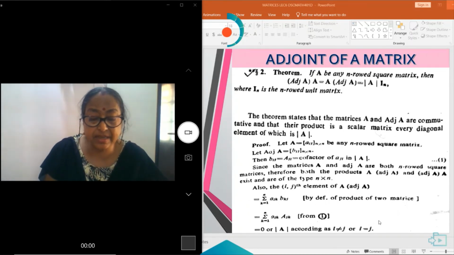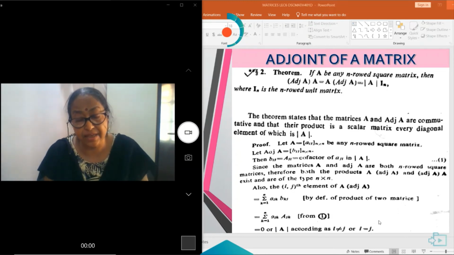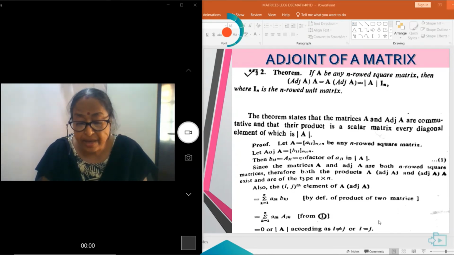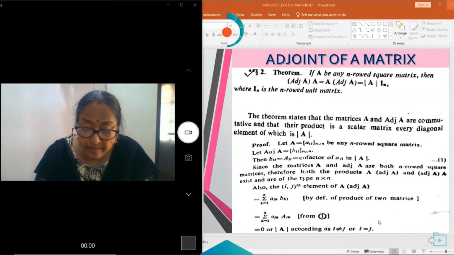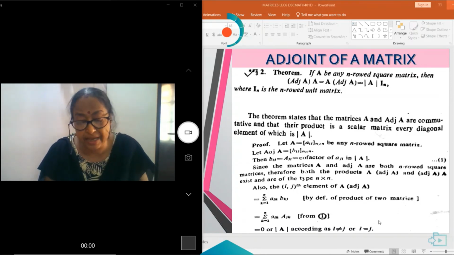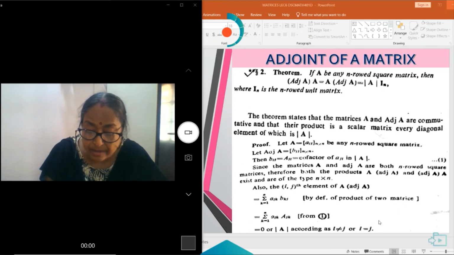Let A is equal to Aij, an n cross n square matrix. Then A adjoint A is equal to Bij, an n cross n matrix.